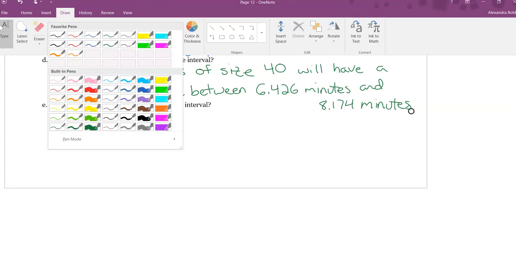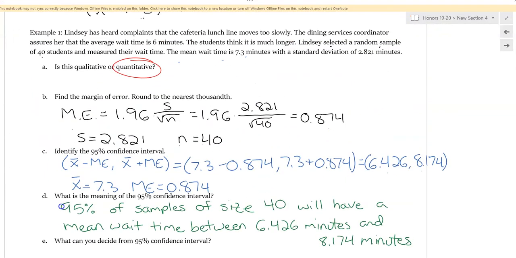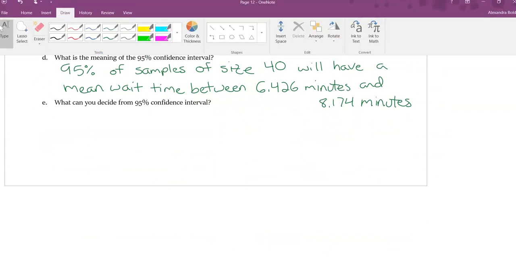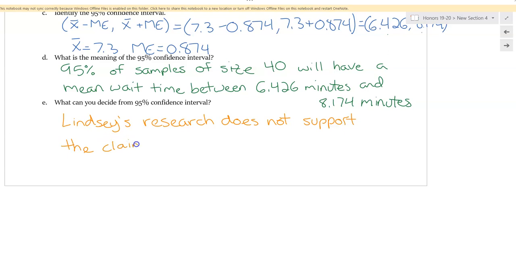So what we say is: Lindsay's research does not support the claim that the average wait time is 6 minutes.